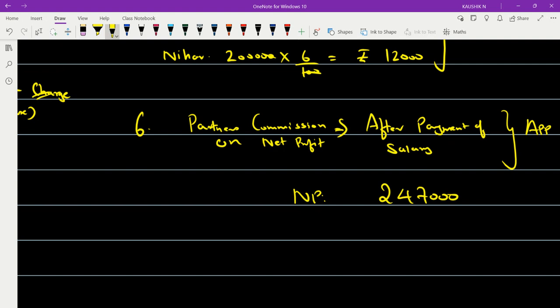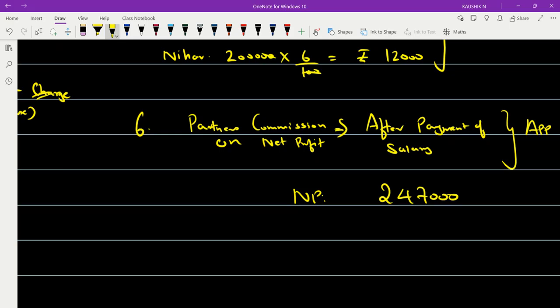Only if the problem says commission 10 percentage before charging such commission or after charging such commission, will we use 10 by 110 or 10 by 100.